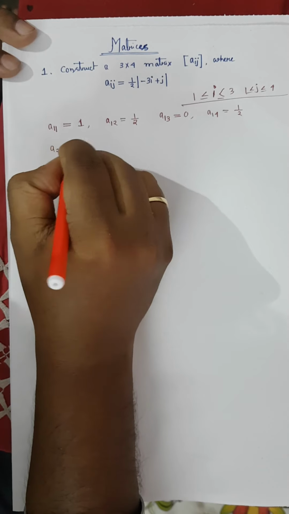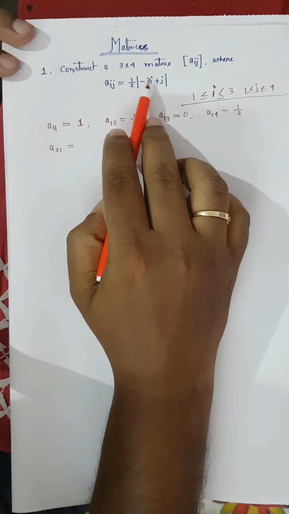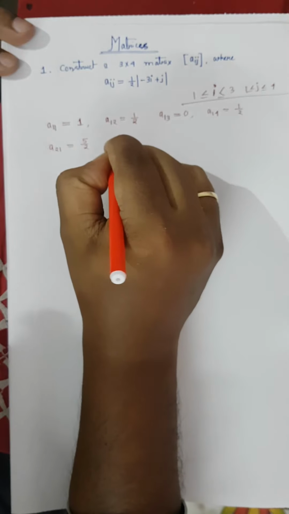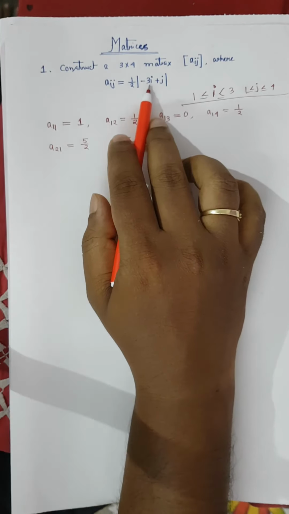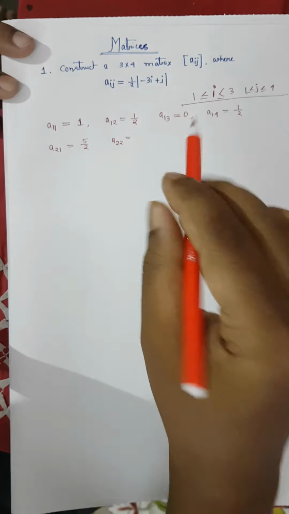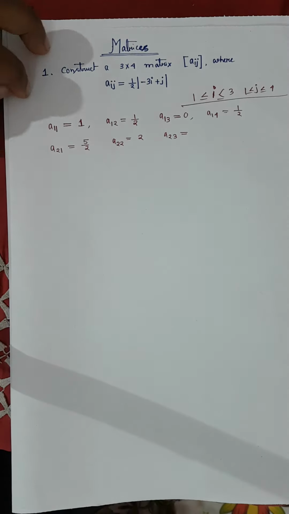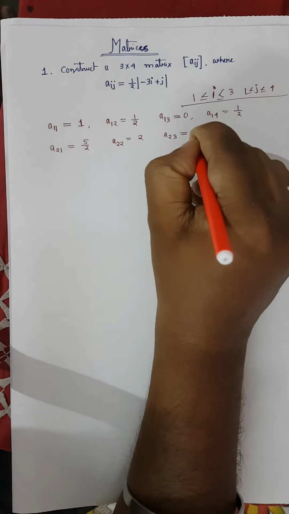Similarly a21, now second row first column, minus 6 plus 1, minus 5, take mod plus 5 by 2. a22, second row second column, so minus 6 plus 2, minus 4, take mod plus 4 by 2, it is 2. a23, second row third column, so minus 6 plus 3, minus 3, take mod plus 3 by 2, it is 3 by 2.